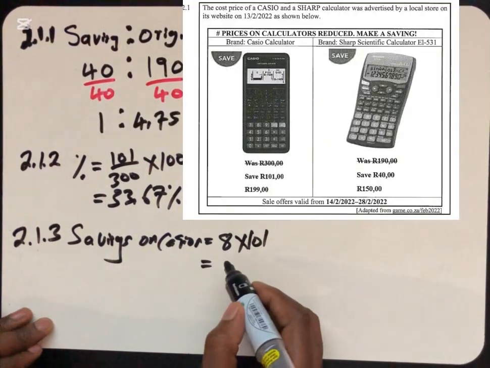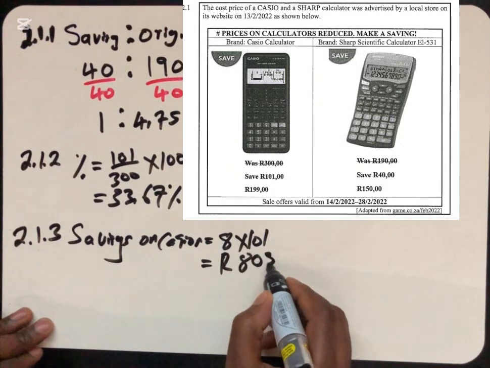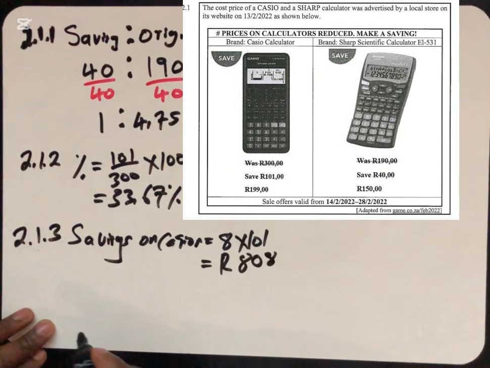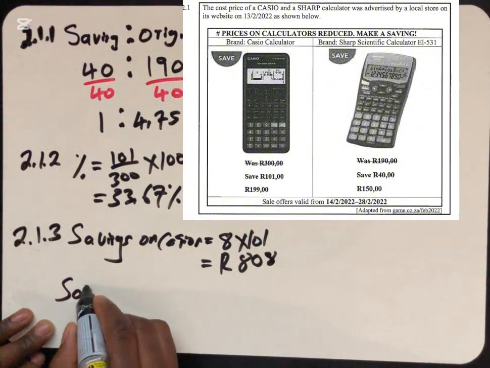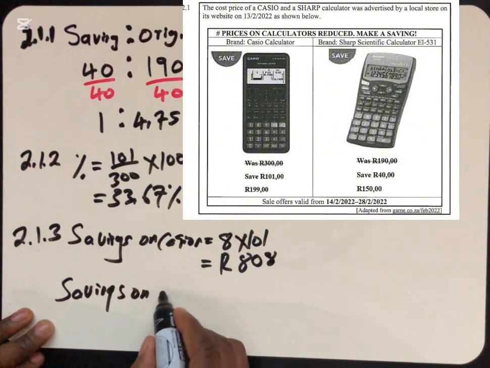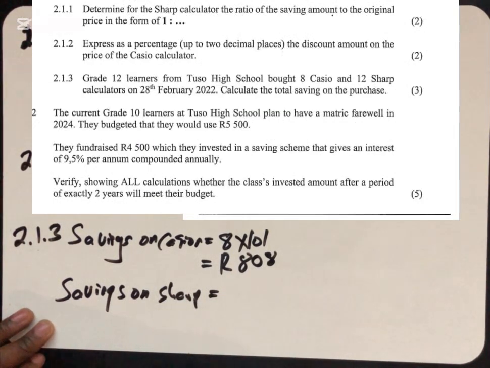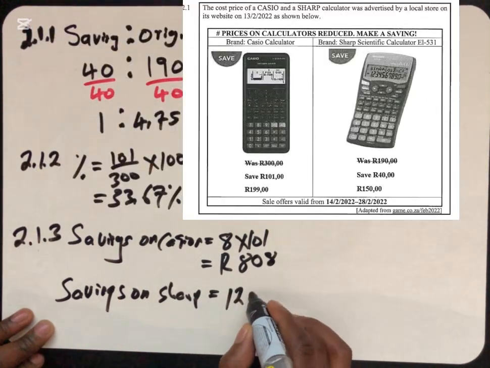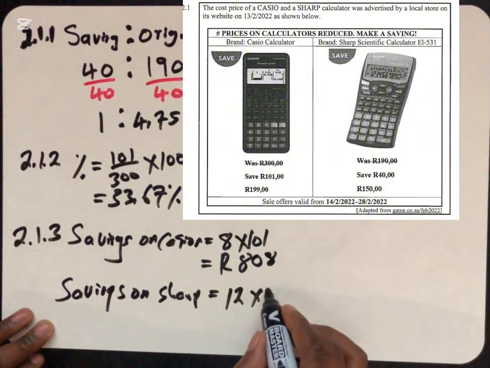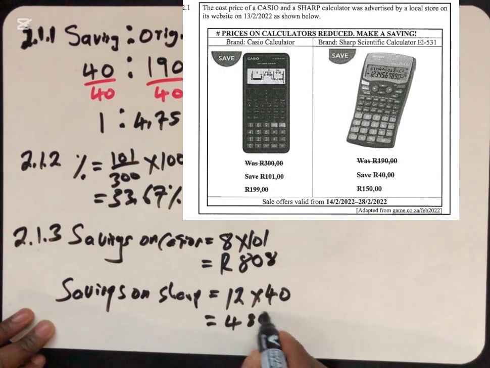So the total savings on Casio is going to be 808. And then let's also calculate the savings on the Sharp. They bought 12 of them, multiplied by the saving amount of 40 rands. So in total, for Sharp, they have saved 480.